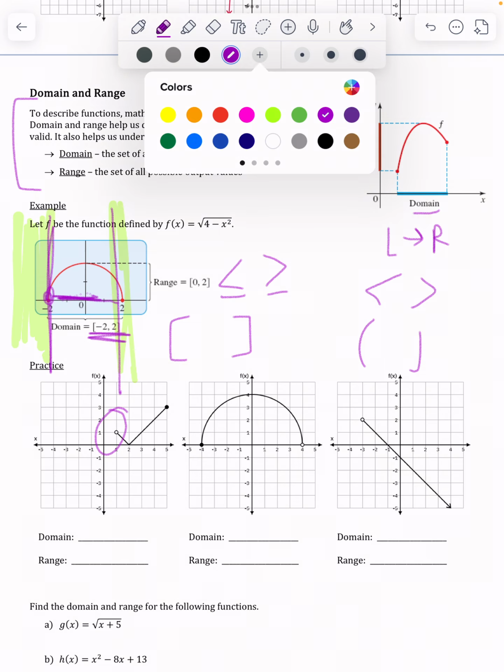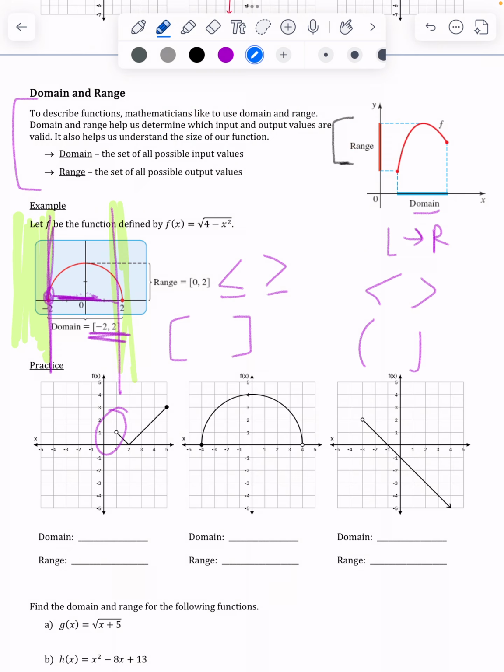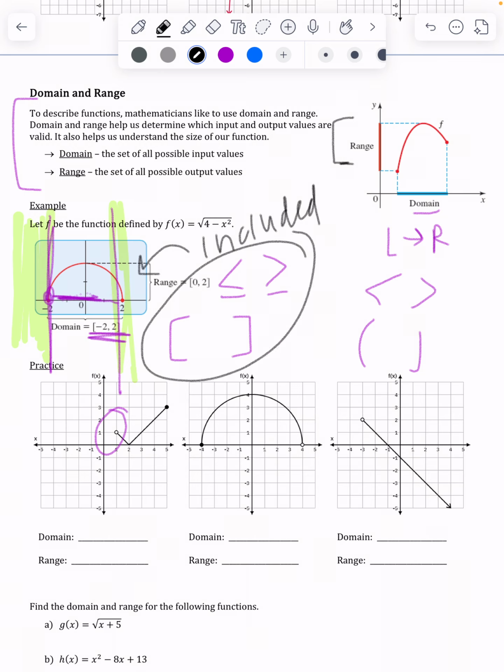So this means included, it includes the dot when we use these. When it's not included, we use these parentheses and the inequality symbols without the line underneath.